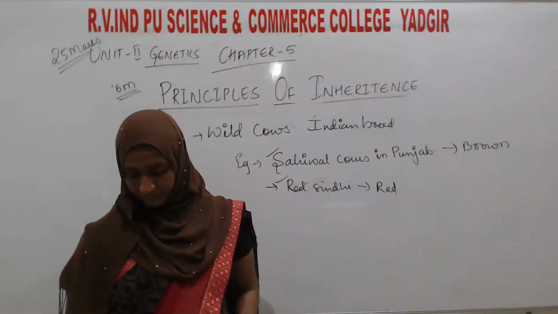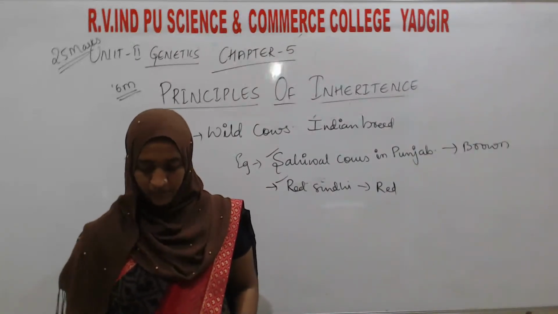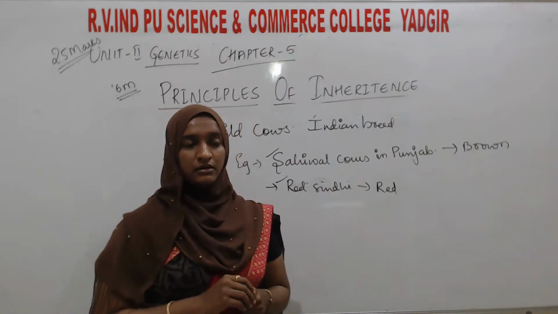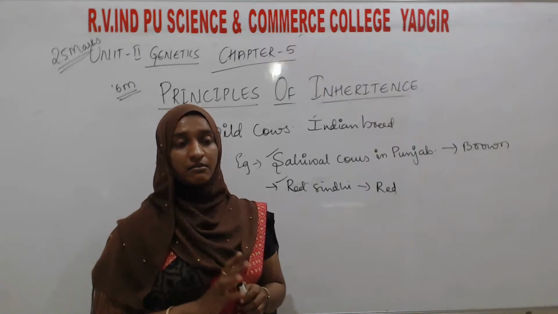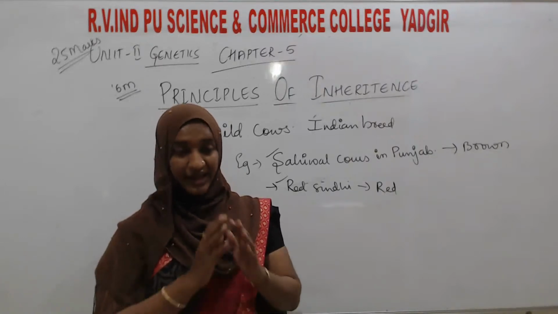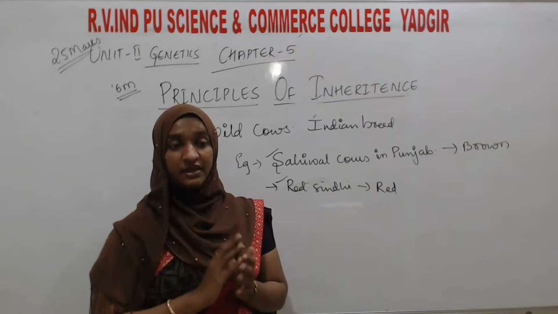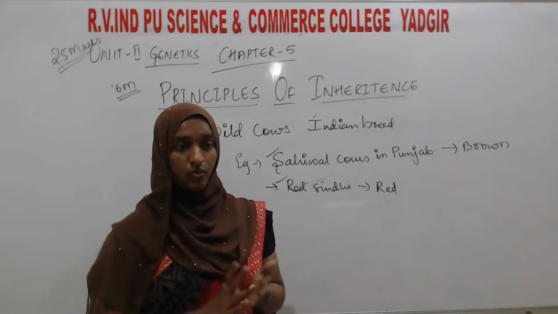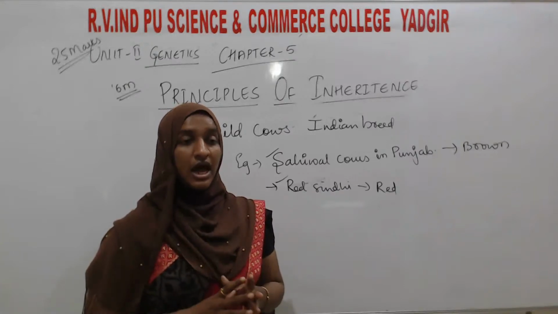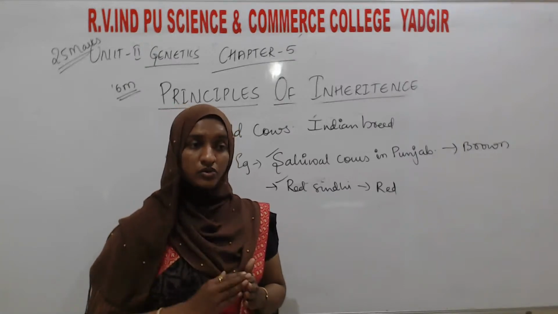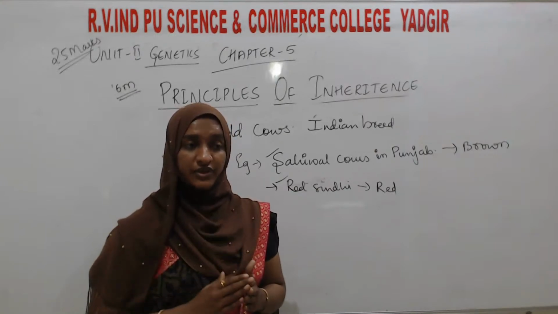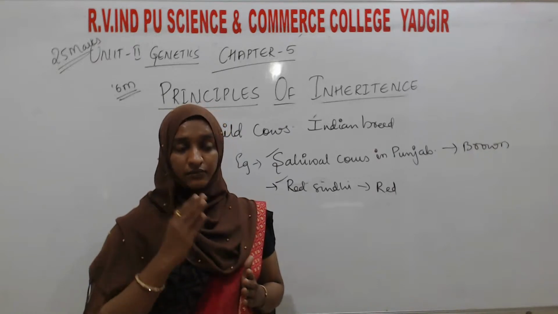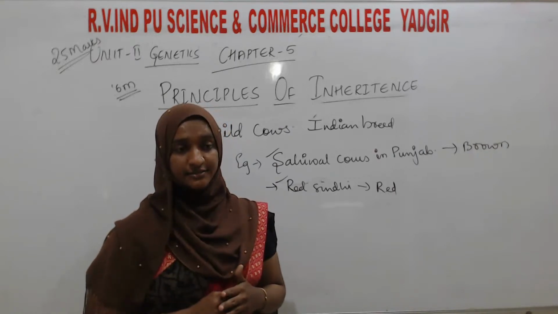Next, one scientist was there whose name is Gregor Mendel. He worked on genetics. At that time, it was not known what genetics meant. After the work of Gregor Mendel, we came to know about genetics.